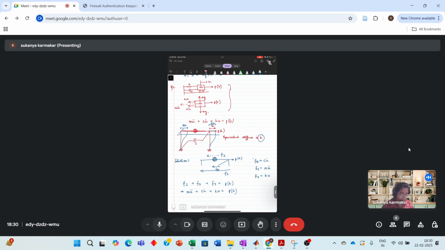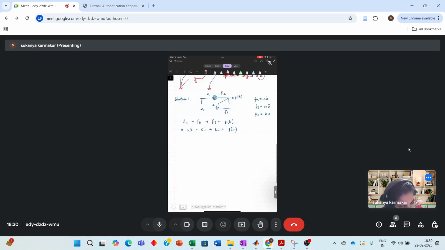So one more small question again in this topic. You have a bar like this, and you have a rotational spring.